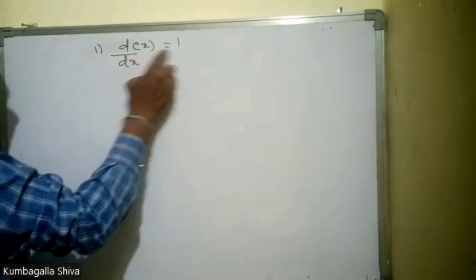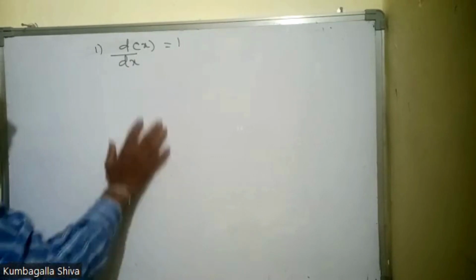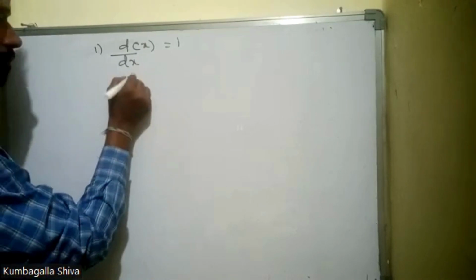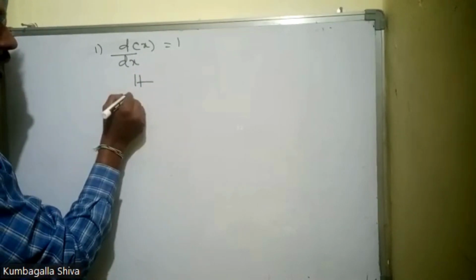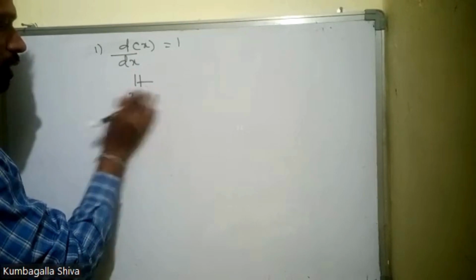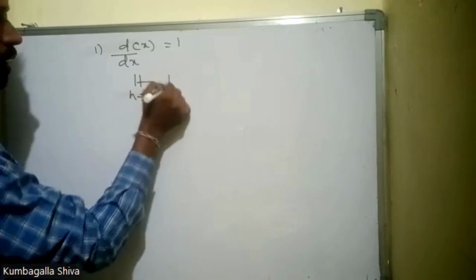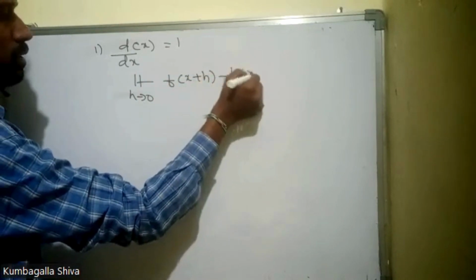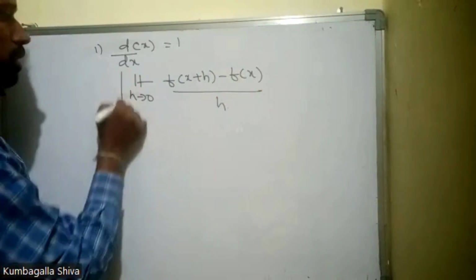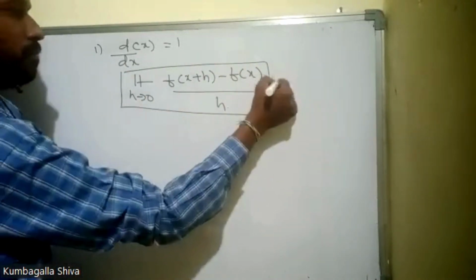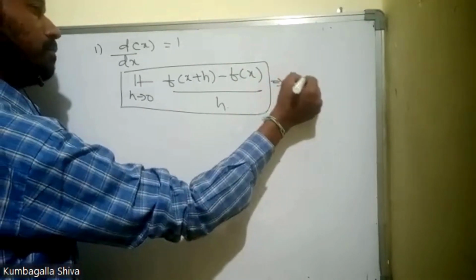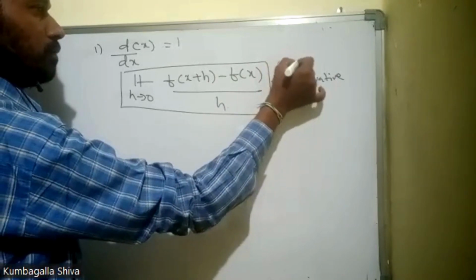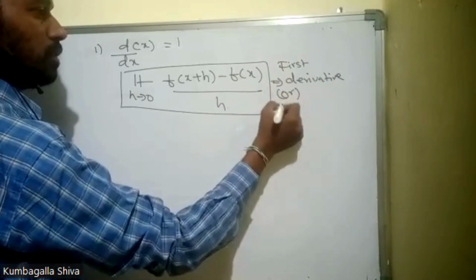Okay, d by dx of x is what? 1. Now let us see how we say that d by dx of x is 1. Generally, limit h tends to 0 of f of x plus h minus f of x by h is the first derivative, or the first principle.